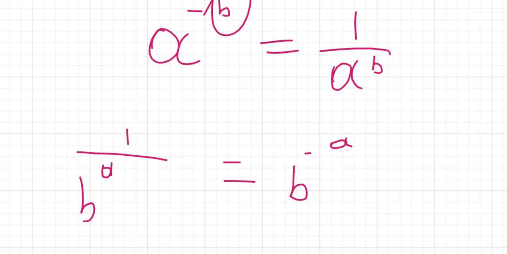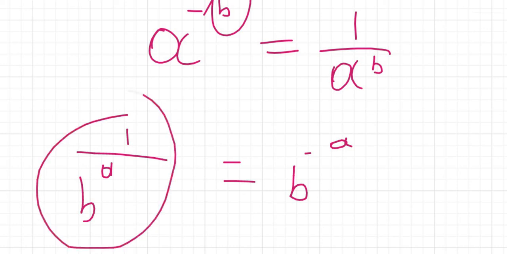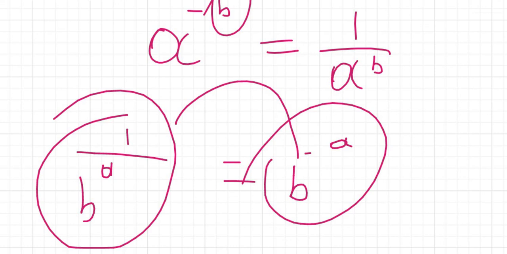So we'll have the base being raised by the exponent, and the exponent is changed to a positive. But if you write it back in exponent form, then the exponent you have will become a negative.